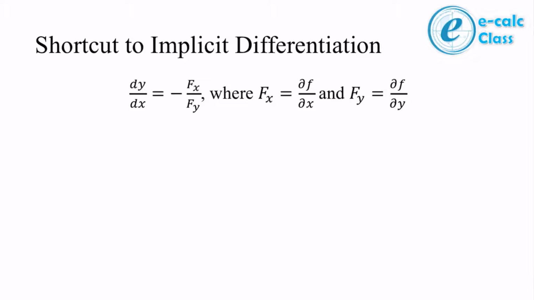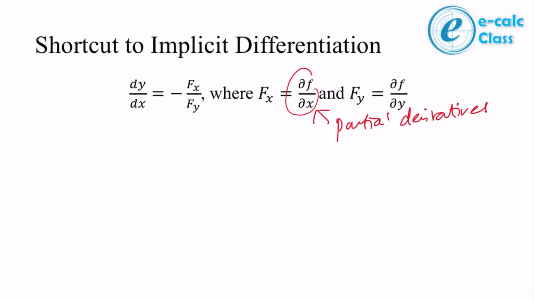What is this symbol? This is actually partial derivatives. And in fact, this one is from your Calc 3 lah. Just some concept from Calc 3, but it will make your life easier.